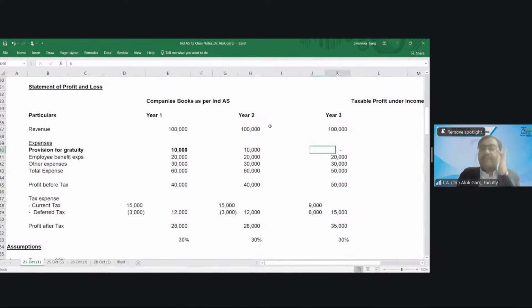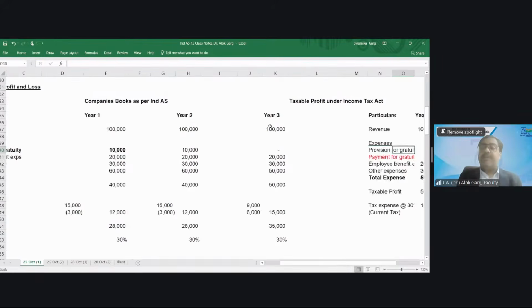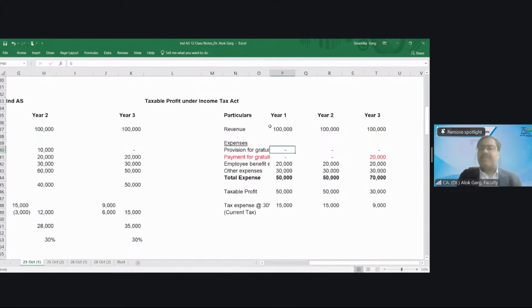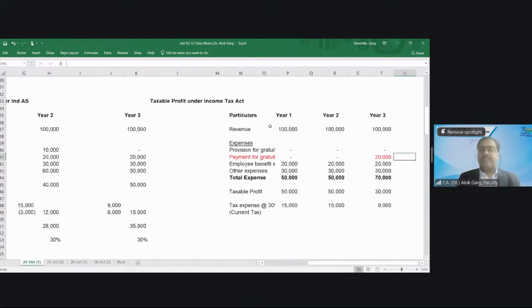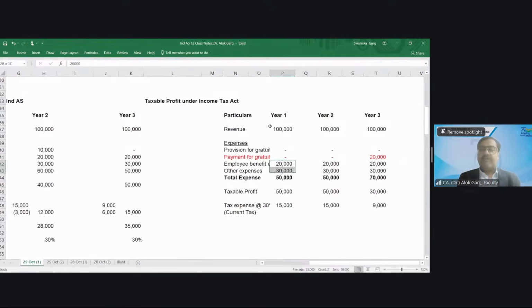So while preparing the profit and loss, the income tax officer says that I don't know this provision for gratuity. So zero. Then employee benefit expenses and other expenses, of course he will consider, and those become the expenses in the income tax P&L.